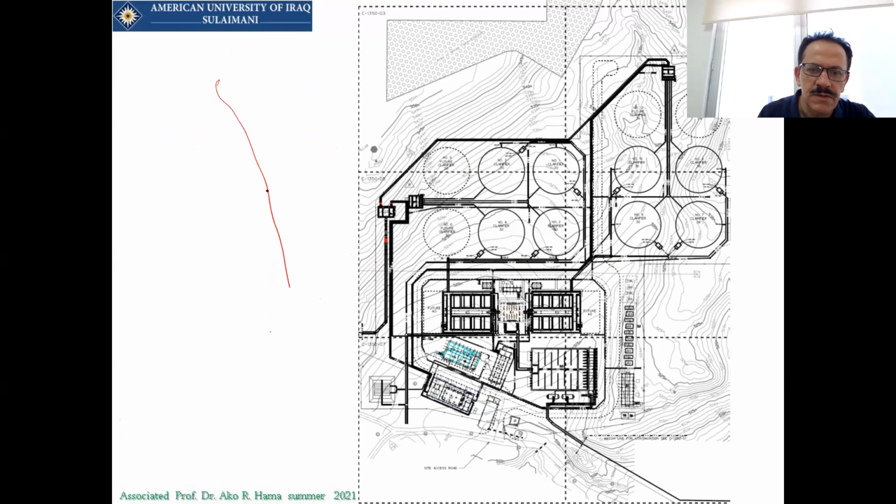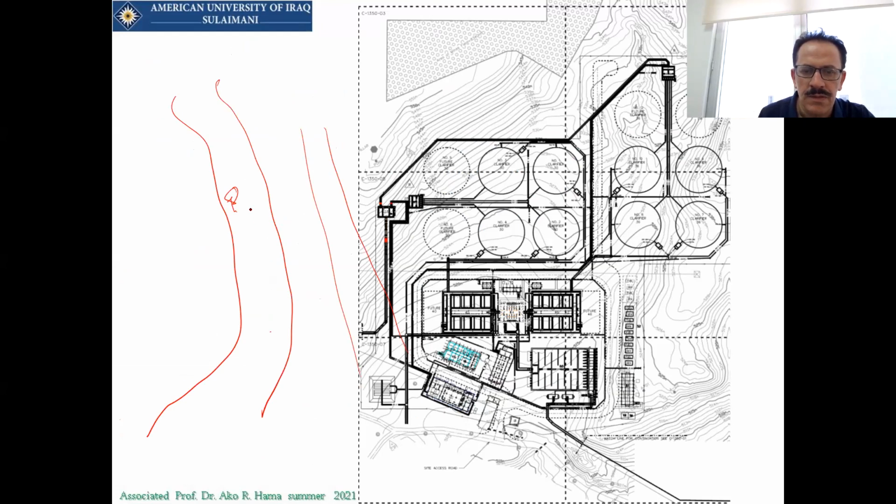Means if this was Kashkoli River, so this is Kashkoli River. So there is a street, and there is an intake here. This is an intake structure here. So the water is coming to this intake, and then it will be delivered here.